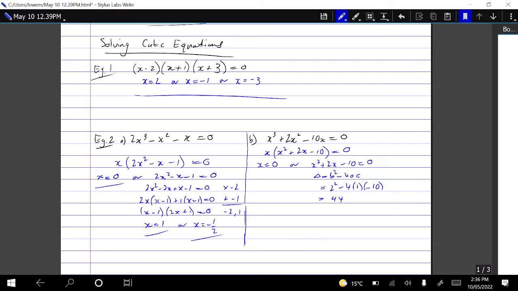So we could just go ahead then and use the quadratic formula. Okay, x equals negative b plus or minus the square root of b squared minus 4ac over 2a. So negative b, that will be negative 2, plus or minus, well, we've already got the discriminant part, so we can put our 44 straight in there. So negative 2 plus or minus square root of 44 over 2.